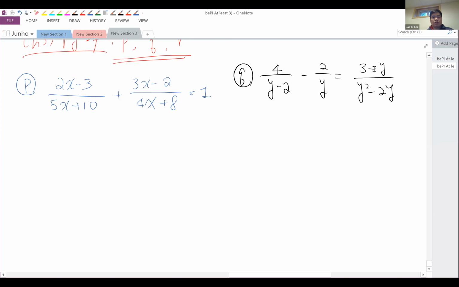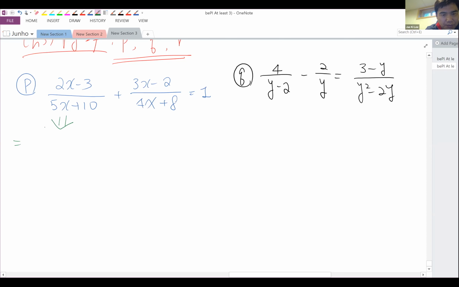Okay, so let's start reviewing the question together. What should be the first step to solve this problem? Factoring first. Yeah, factoring the denominator, right?